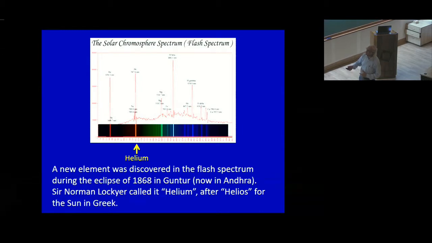A very strong line which had not been seen in any spectrum till then. A few weeks later, the Scottish astronomer Sir Norman Lockyer was convinced that a new element had been found in the sun which had not been found on Earth. And he called it helium, after the Greek word helios for the sun.